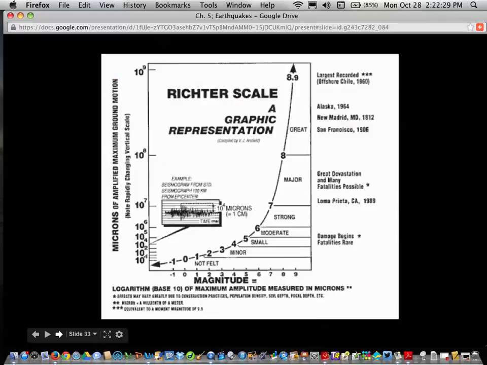And here's what I mean by logarithmic. It's a curved line. So each time you move to the right on the magnitude scale, you're going up that much more. So you can see up there at the top, the largest recorded earthquake, 8.9, off the coast of Chile in 1960. By comparison, the Alaska earthquake of 1964 is that much lower, a little bit closer to 8.